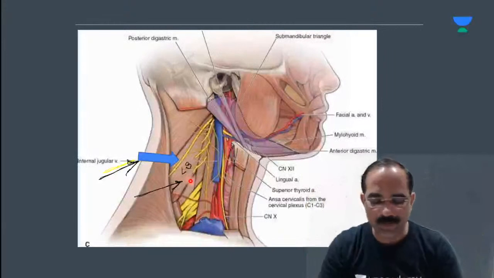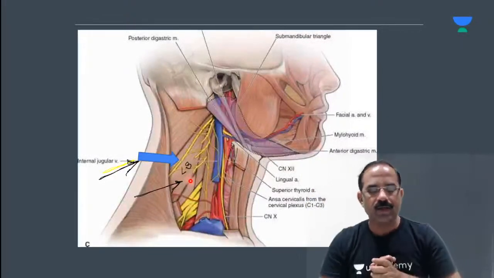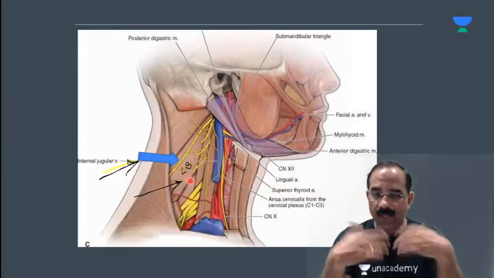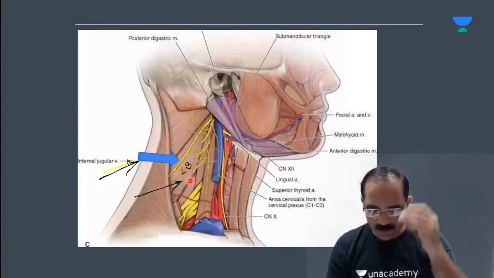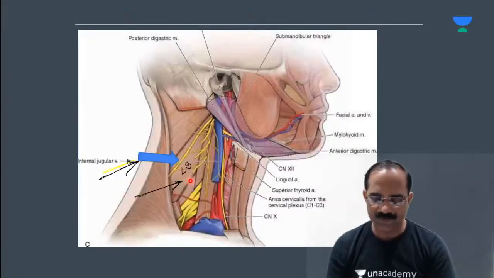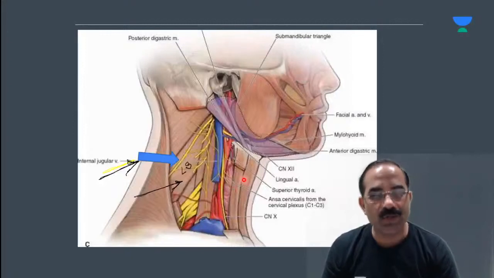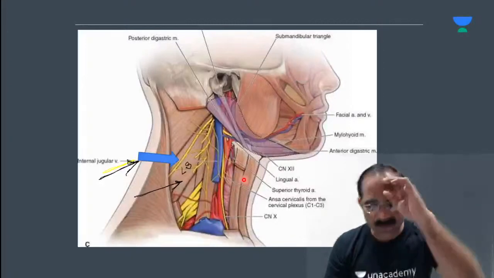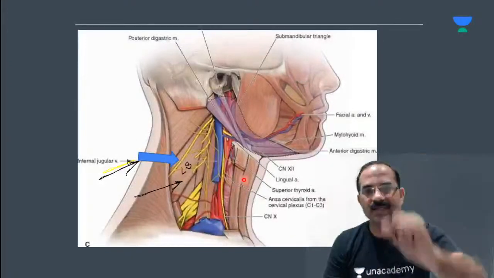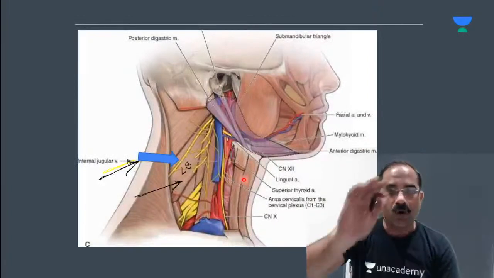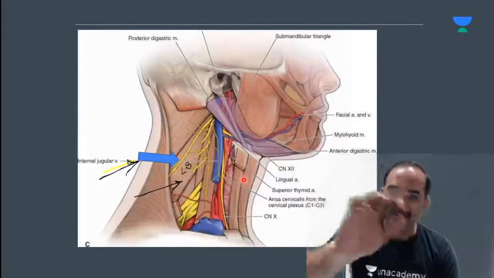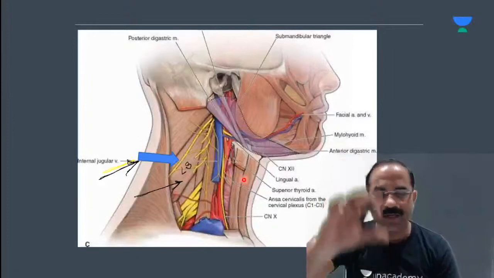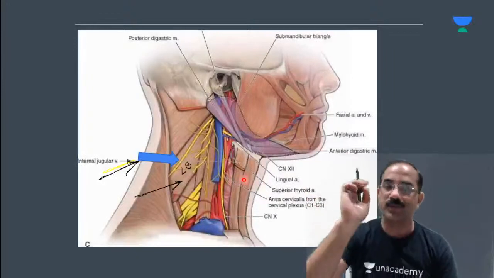If there's winging while attempting a movement, which is the muscle paralyzed? Come on, students, answer this. Serratus anterior. I'm so sorry. So winging on attempting movement, serratus anterior, and winging at rest, trapezius.